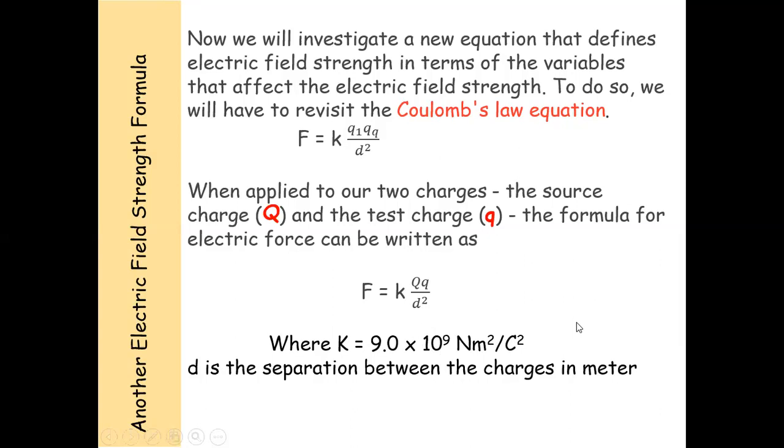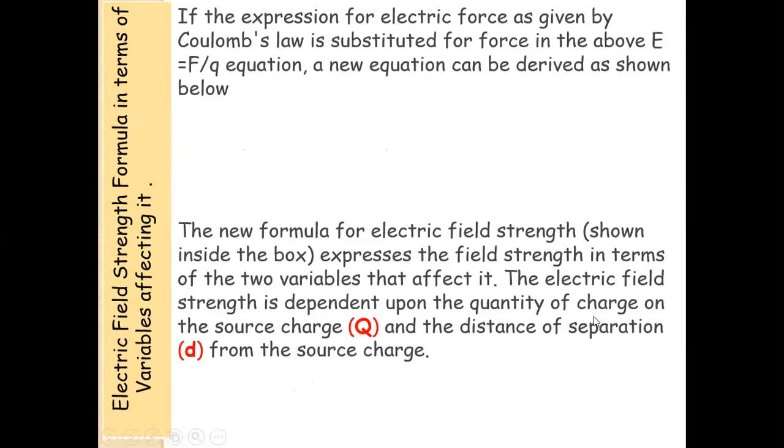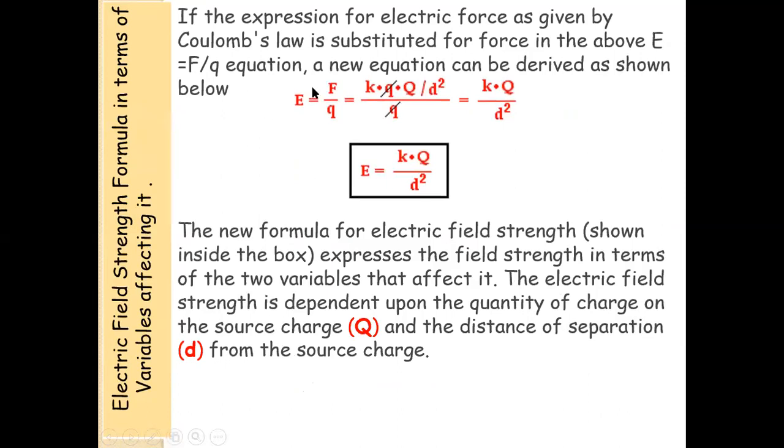Now we are going to find the electric field strength. Since this is the electric force, and electric field strength by definition is E is equal to F upon q. Substituting the value of F, that is k Q small q, the source charge into the test charge, divided by this test charge, and this is the distance between them, we get k into the source charge upon the square of the distance.